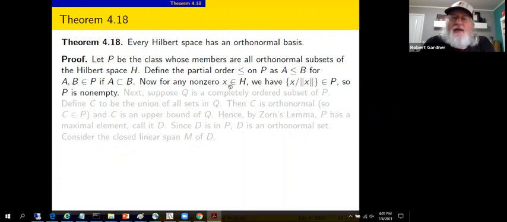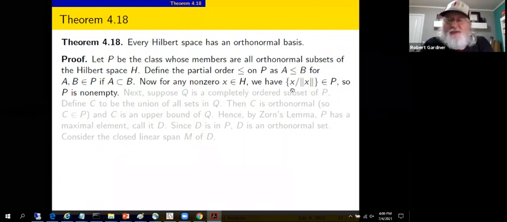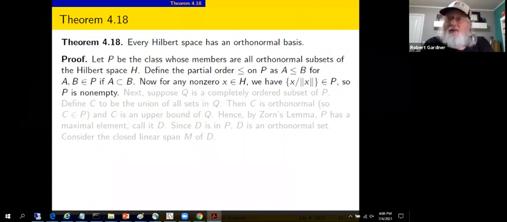For any non-zero vector X in the Hilbert space, we can take that vector and normalize it, and that set consisting of this single unit vector, uninteresting, but it is an orthonormal set. It's orthogonal to everything in the set other than itself, because there's nothing in the set other than itself, and it's a unit vector. So this allows us to draw the important conclusion that, by the way, P is non-empty. So this class of sets is non-empty.